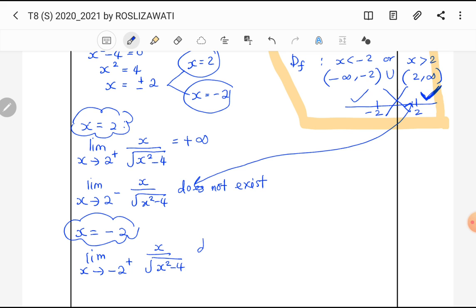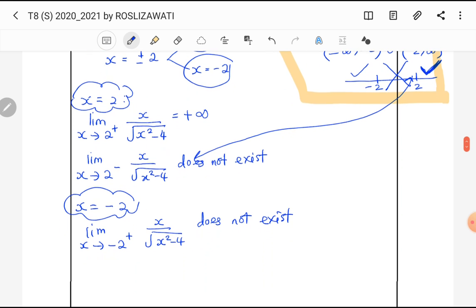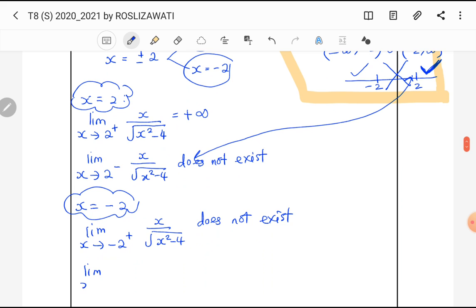So, dia does not exist. Tak ada. Negative 2 from positive, tak ada graph kat situ. Because that is not the domain.